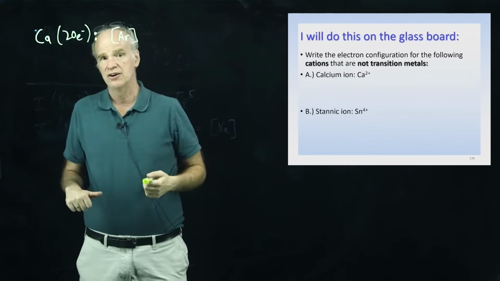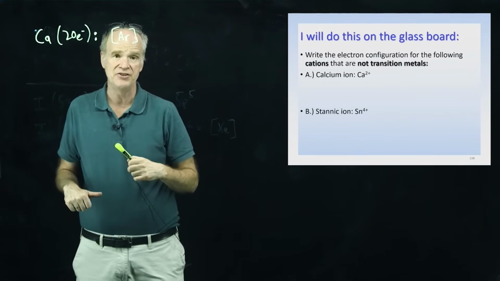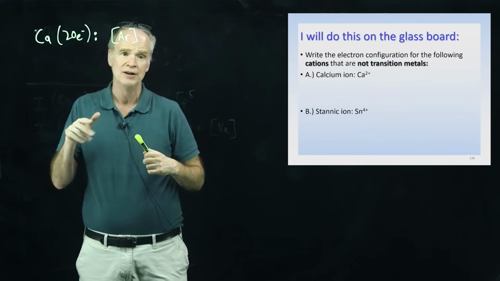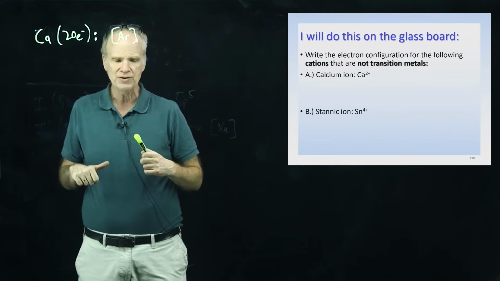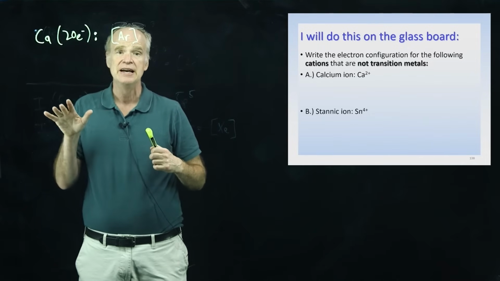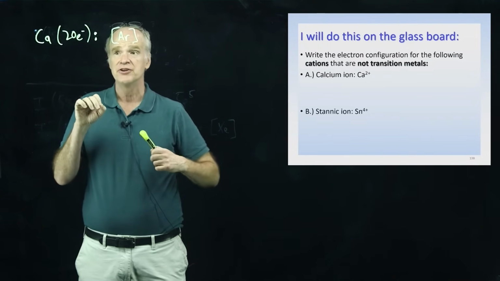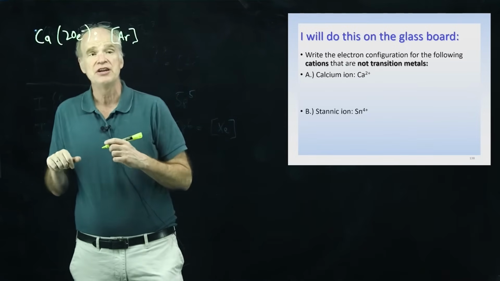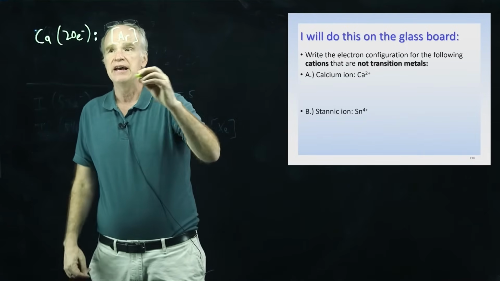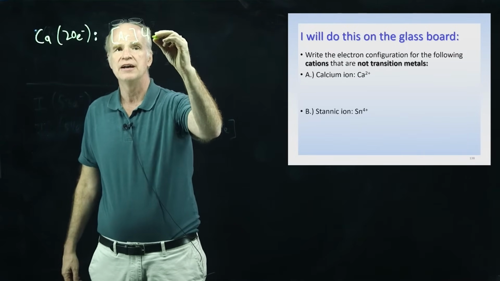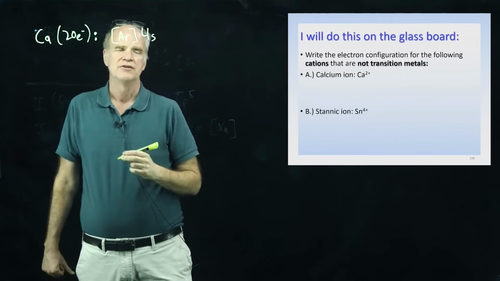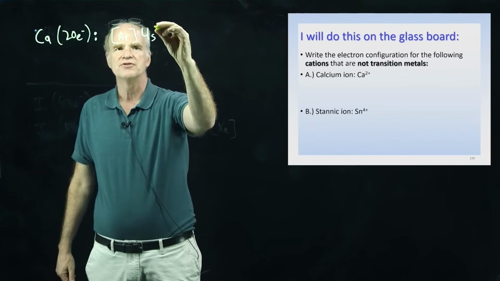So when we write argon's configuration there, we have written out 18 electrons. So we have 2 more to go. If you look carefully at what orbitals appear after argon's configuration, what you'll see is going to be a 4s orbital. So that will be 2 electrons.